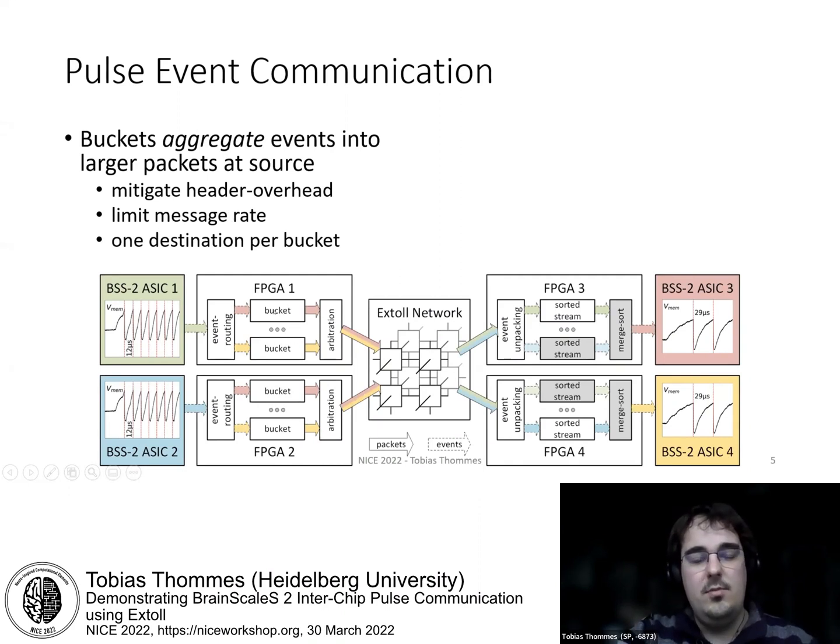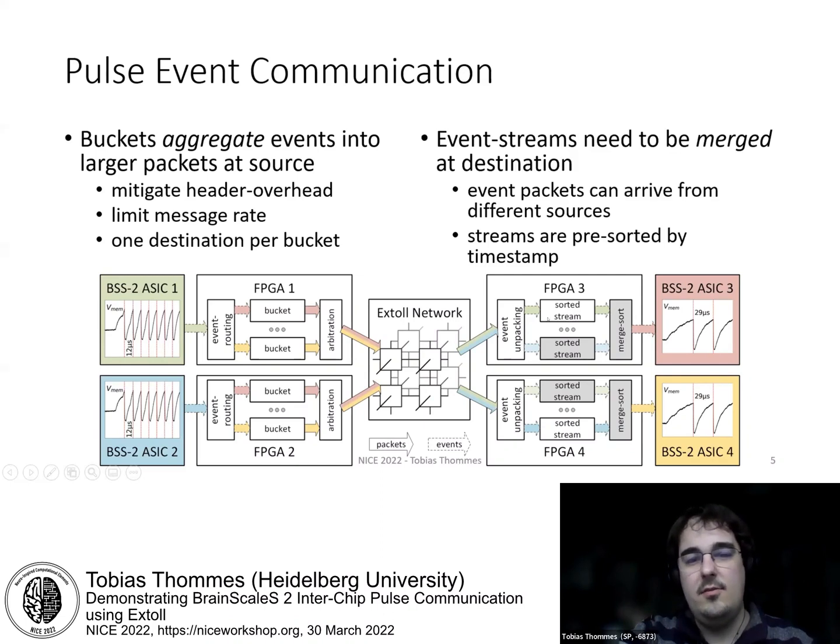So we accumulate events destined to the same destination FPGA in so-called bucket buffers. Then on the destination, we can receive spike event streams from different source FPGAs, which have to be merged for the target chip to be able to handle them.